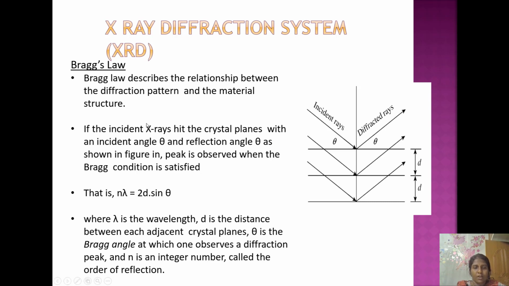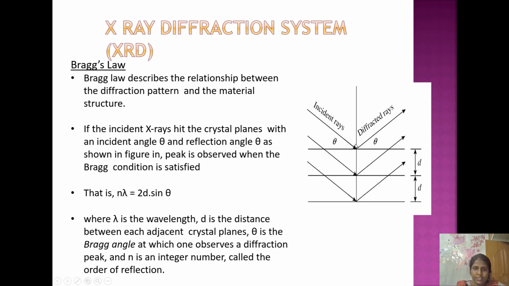Here, Bragg's law is behind the XRD. Bragg's law describes the relationship between the diffraction pattern and the material structure. If incident rays hit crystal planes with an incident angle theta and reflection angle theta, as shown in the figure, a peak is observed in the graph.